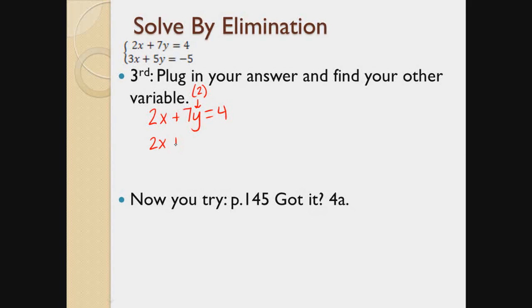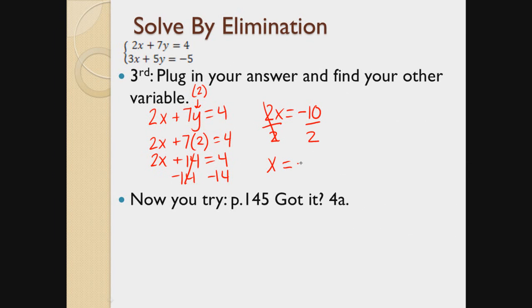So it becomes 2x plus 7 times 2 equals 4. 2x plus 14 equals 4. Subtract 14. 2x equals negative 10. Divide by 2, and x equals negative 5. So now I know what x and y are, so I can write my answer as the point negative 5, comma 2. Now you try.